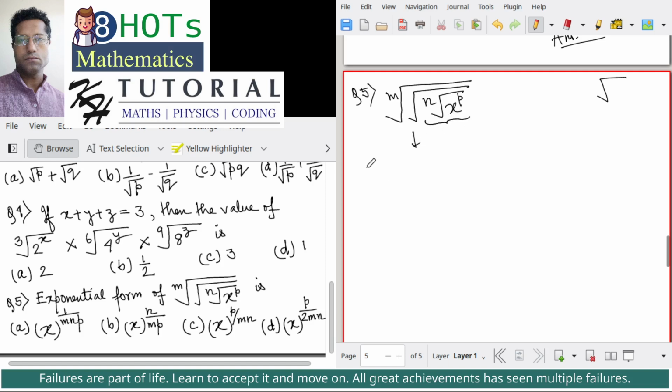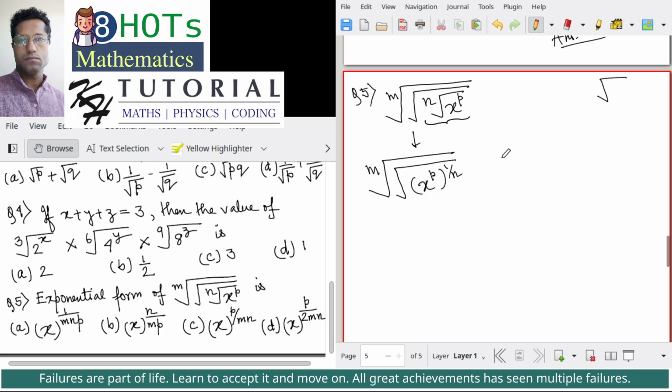So this becomes the mth root of a square root, and inside the square root we convert the radical form, the nth root, to exponential form, and it will be x to the power p, this whole raised to the power 1 by n.